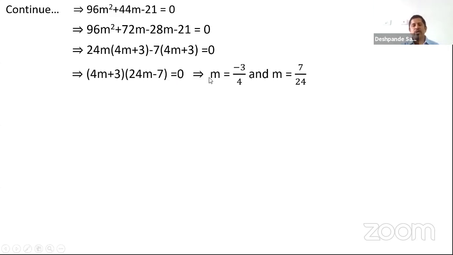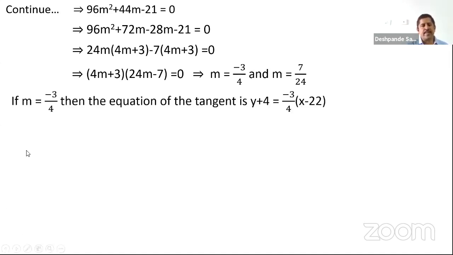So you got two values of m. One value of m is from 4m plus 3: m is equal to minus 3 by 4. The second value of m is from 24m minus 7: m is equal to 7 by 24. So you got the value of m now. The only thing is you're going to substitute the value of m in the equation of the tangent which you have taken, equation 1. If you take m is equal to minus 3 by 4, the equation of tangent is y plus 4 is equal to minus 3 by 4 into x minus 22.